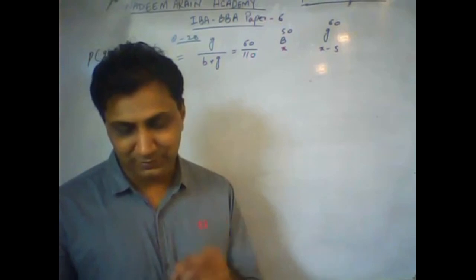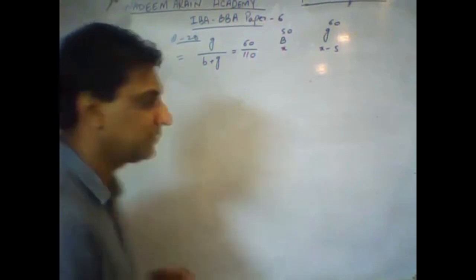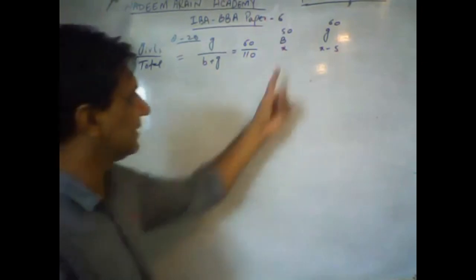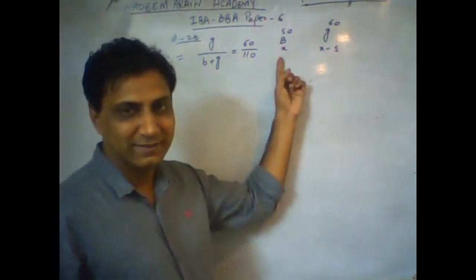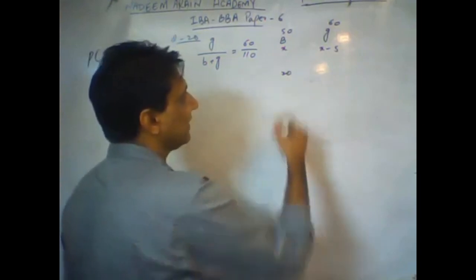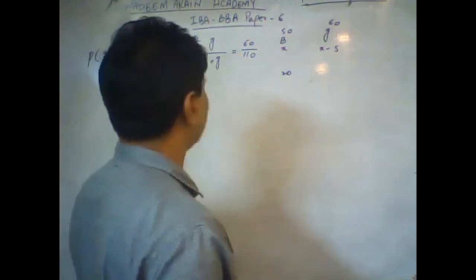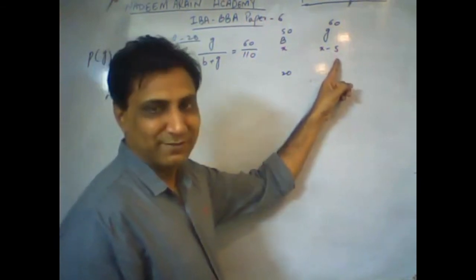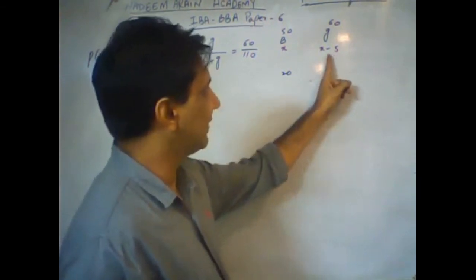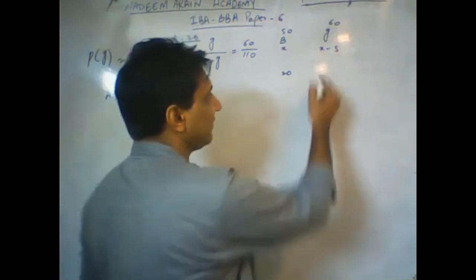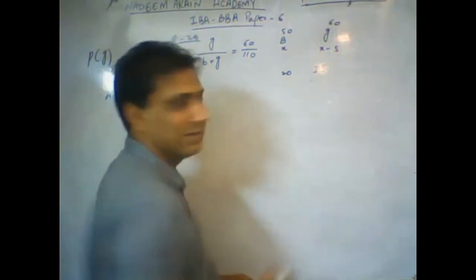Starting with option A, which is 30. If we take x as 30, it means 30 boys are leaving, so there will now be 20 boys. And if 30 boys are leaving, it means 30 minus 5, 25 girls are leaving. So when 25 girls leave, there will be 60 minus 25, 35 girls left.